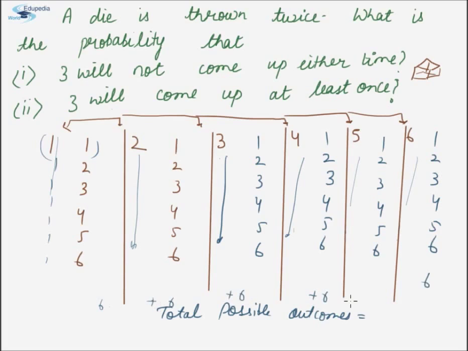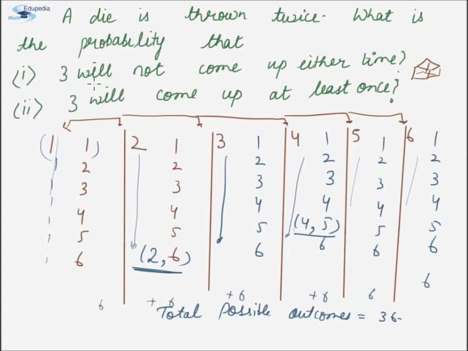That is, all in all we have 36 total possible outcomes. Now for clarification of this table, this value is actually 2 at the first throw and 6 as the second throw. Similarly, this value is 4 at the first throw and 5 at the second throw.